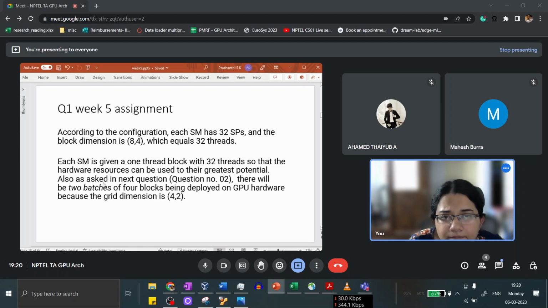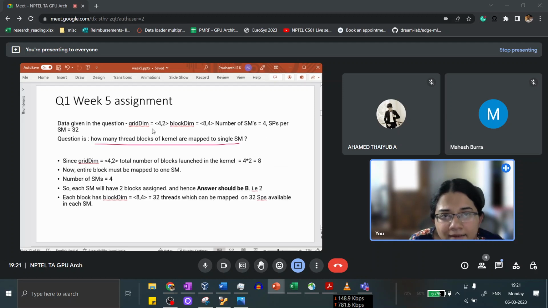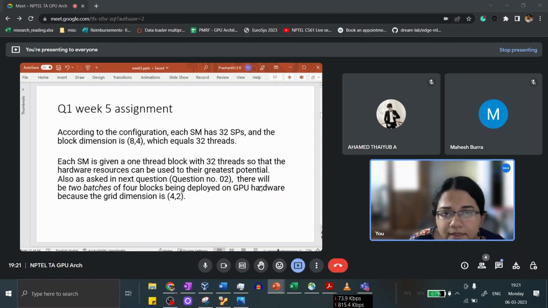There is a following question that touches upon how many batches of blocks are deployed on the hardware. In this question they are just asking you about at a time how many blocks are mapped to a single SM, and therefore the answer is not 2. Hope this is clear. Any more questions on this?